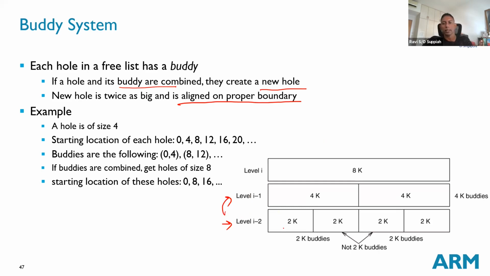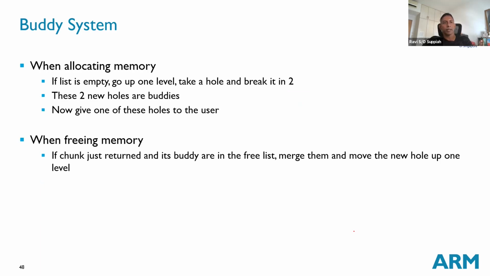In this case, this 2K and this 2K are aligned to this boundary above. Similarly, this 2K and this 2K are aligned to this boundary, so I can group them. Whereas these two in the middle have a cut in between at the higher level boundary, so I can't combine them. This is one way of easily managing allocation and freeing.